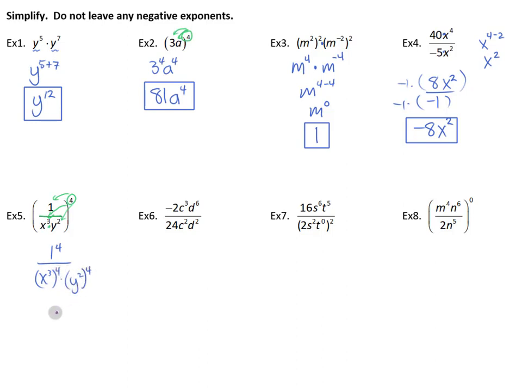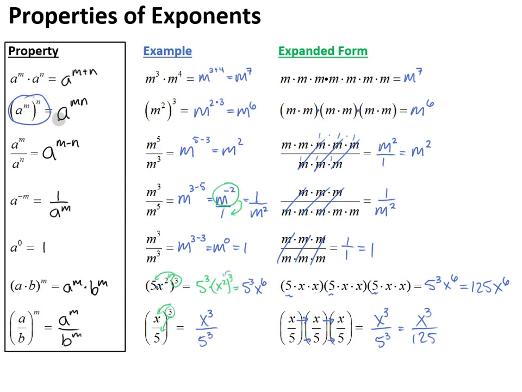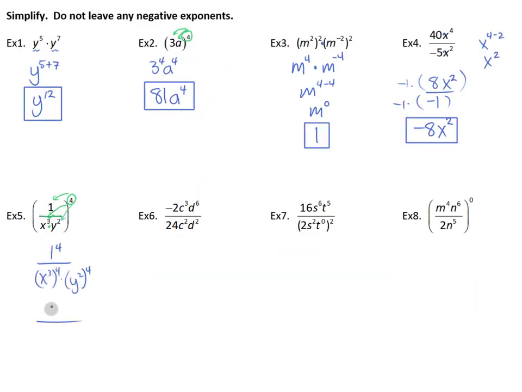Remember, if you have a power raised to a power, we multiply our exponents. So 1 to the fourth power, 1 times itself 4 times, is just 1. And multiplying our exponents here, we get x to the 12th and y to the 8th.